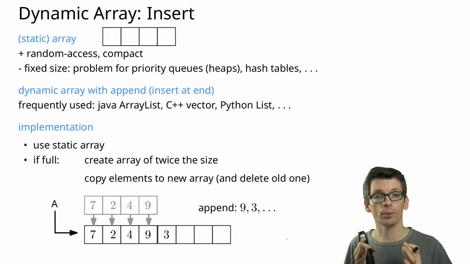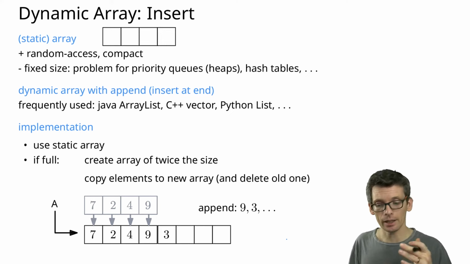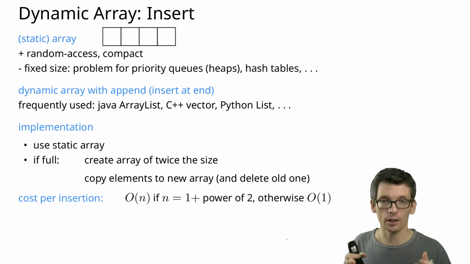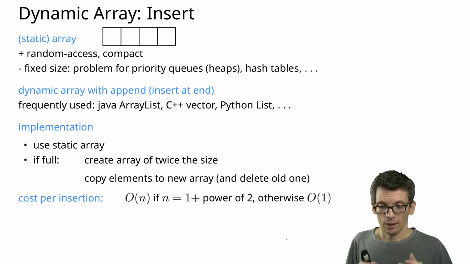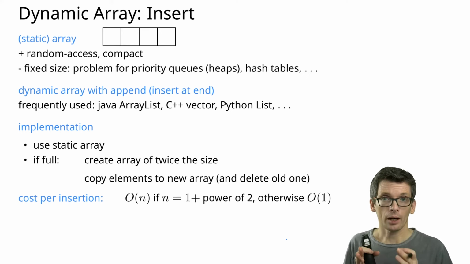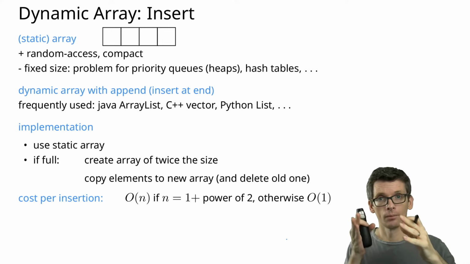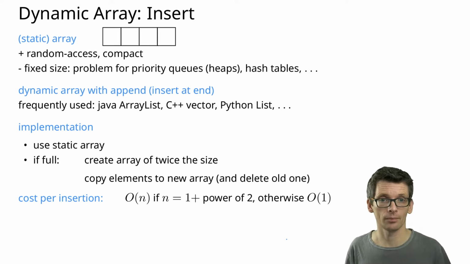Meaning that the cost of the operation is linear anytime I need to do this. If we start with size 1, it's linear whenever we have a power of 2 and then add 1. But only then it's linear, otherwise for all other appends it's constant time.